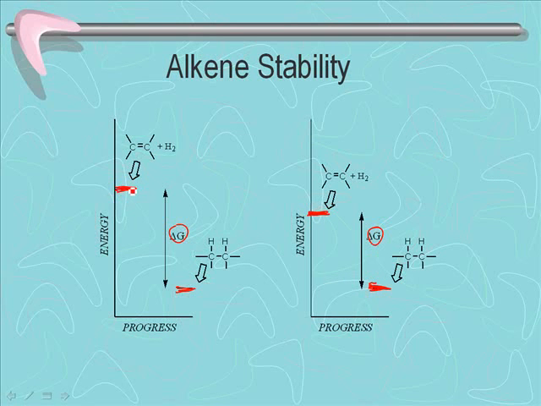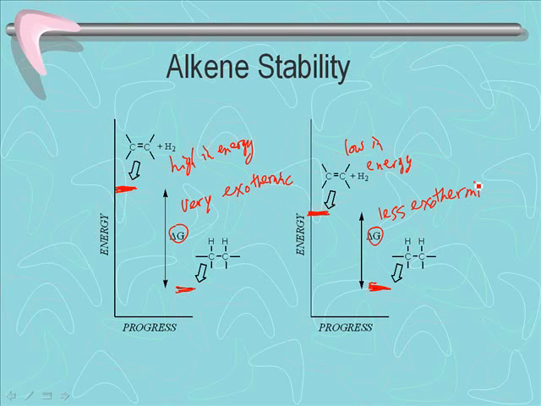If our starting material was high in energy, then this reaction is going to be very exothermic. If our starting alkene is low in energy, then the amount of heat that's released is very little, and it's less exothermic.